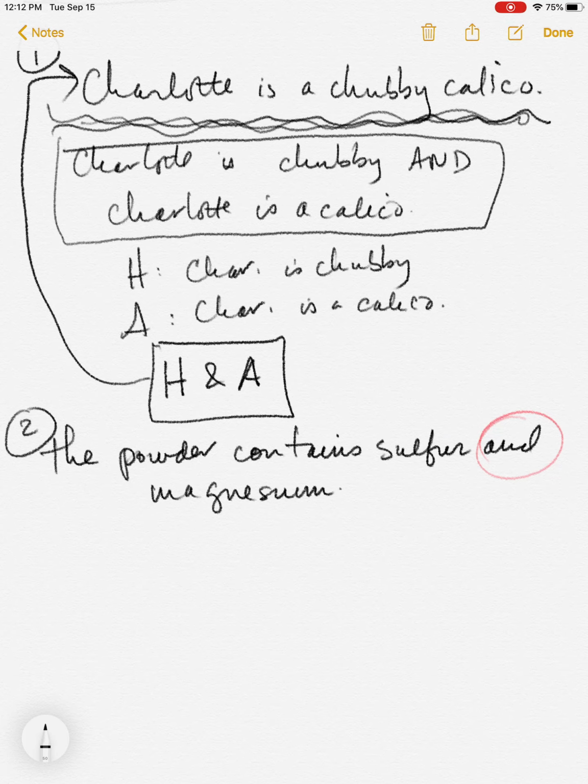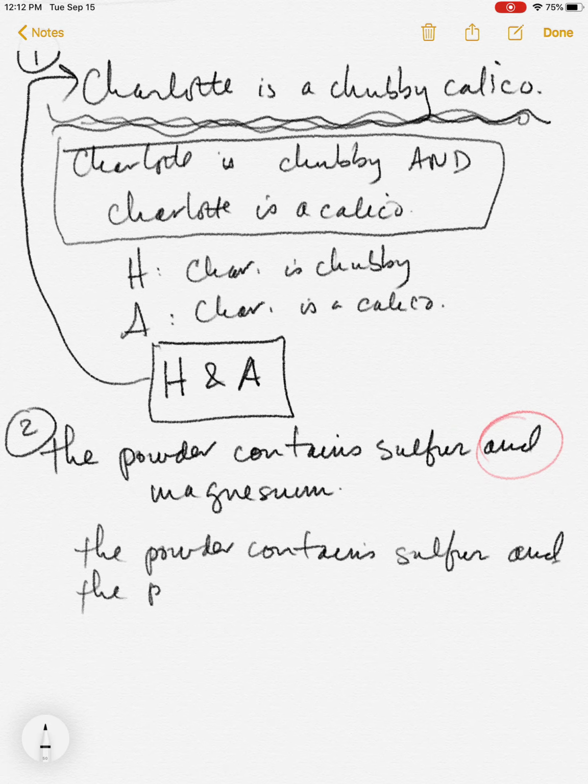And so we have to paraphrase, so we get the powder contains sulfur. I mean, this is hardly complicated, but I just wanted to point out that it does require a bit of paraphrasing. And the powder contains magnesium.